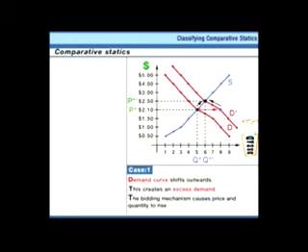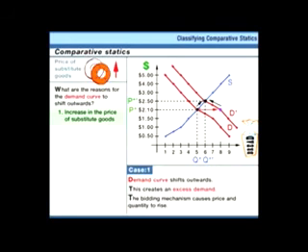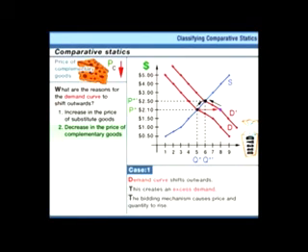When the price of a substitute good increases, the demand for bread itself will increase as consumers consume bread instead of bagels. The second case that would shift outwards the demand curve would be a decrease in the price of a complementary good. If the price of cheese falls, people want more bread and cheese sandwiches, so the demand for bread increases, pushing up the price and increasing the quantity traded in equilibrium.